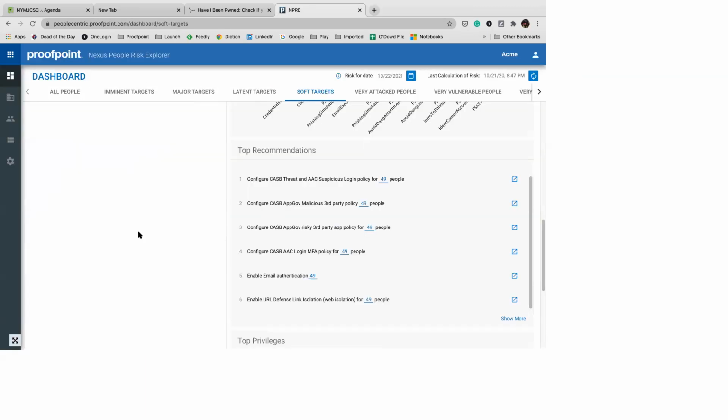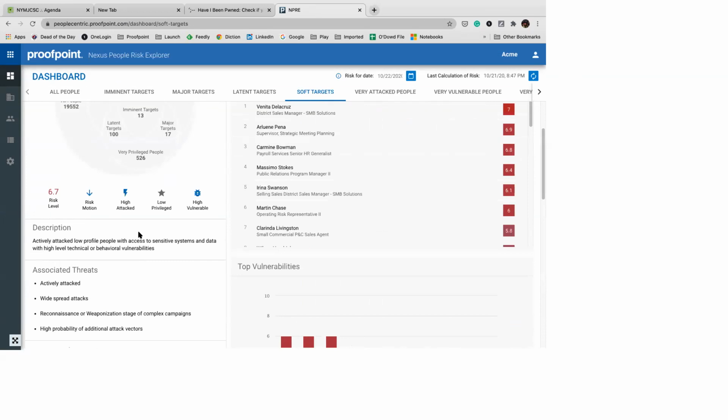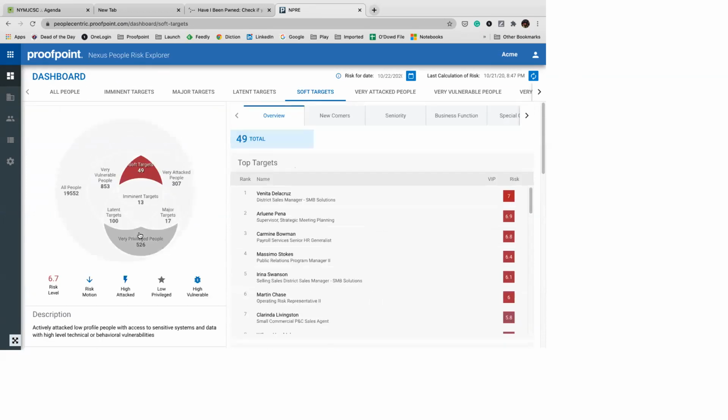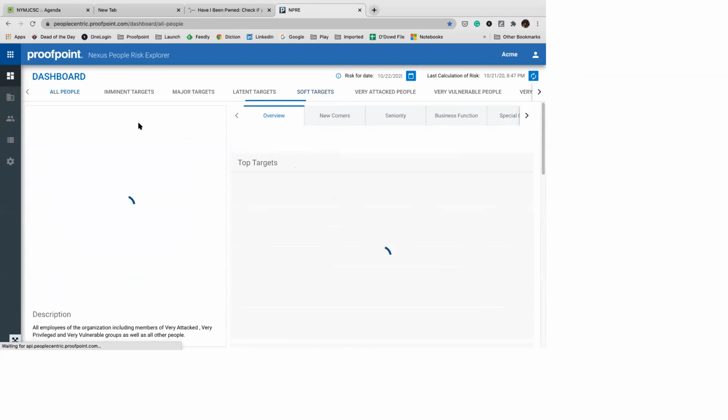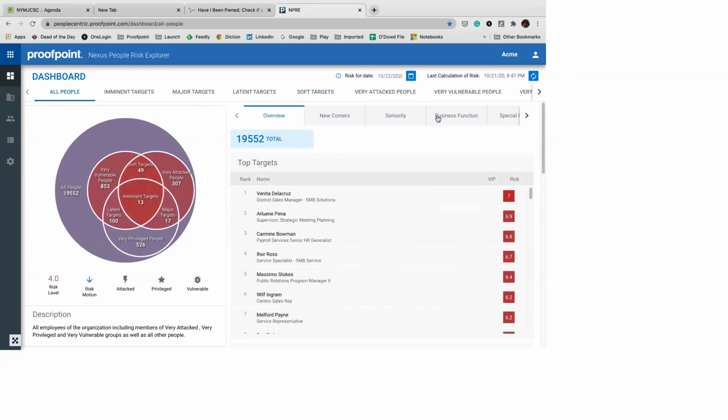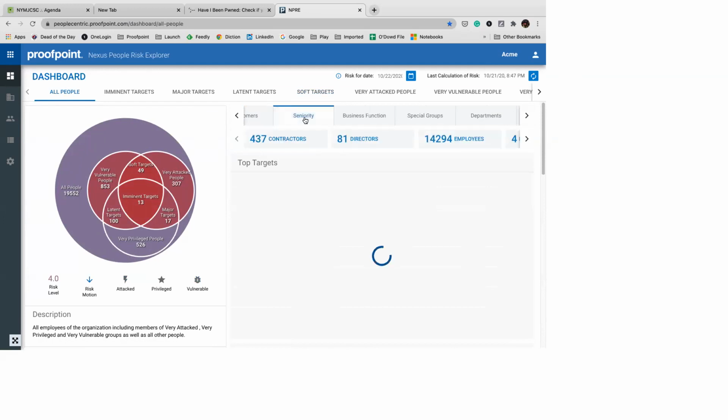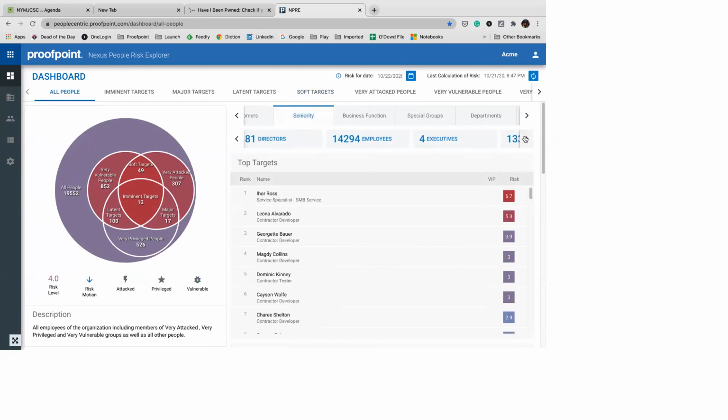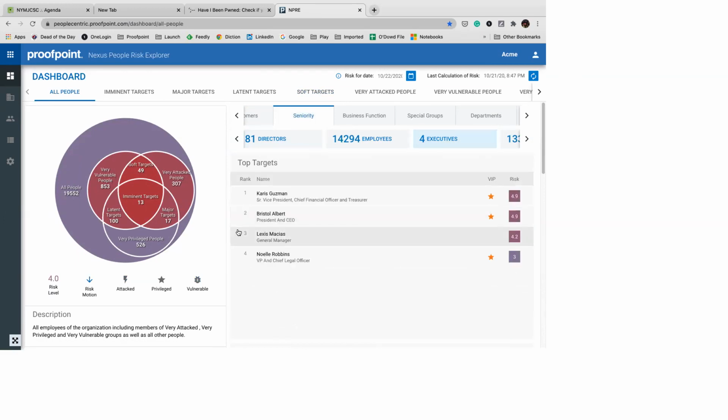But going back here, I think we've talked a lot about individual people, but it's also about looking at the associated risk with the various business functions. And we can drill into that, right? Going back across the top tabs here, business functions, departments, we look at seniority, and here I want to drill down into, say, the executives.